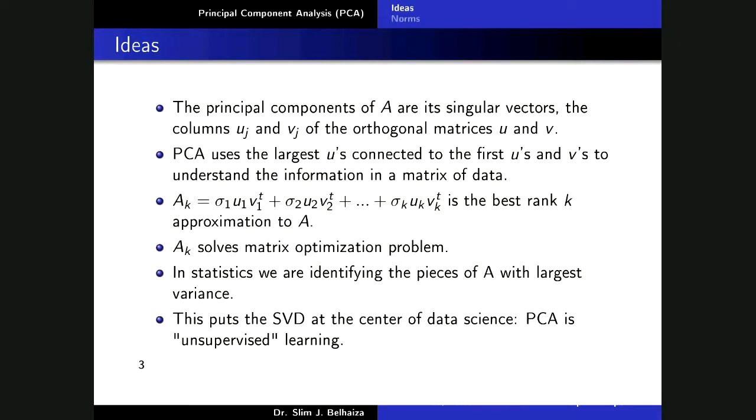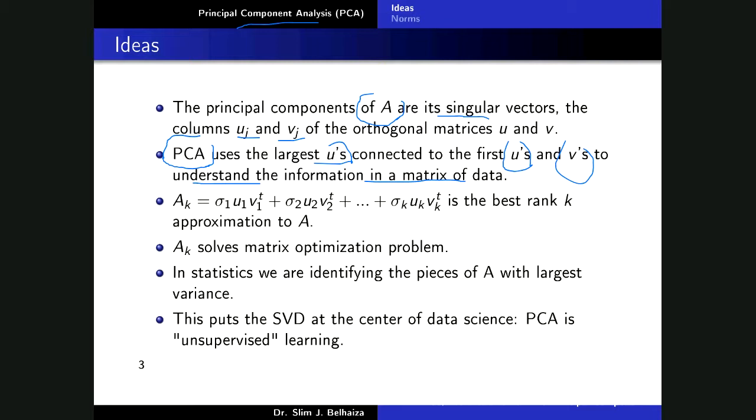In fact, the principal components of A are singular vectors, okay, which we found in the previous section. So PCA stands for principal component analysis, as you see here. It uses the largest singular values connected to the first U's and V's to understand the information in the matrix of data. Okay?